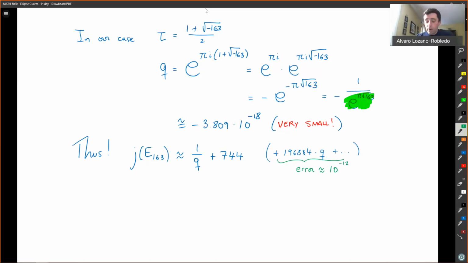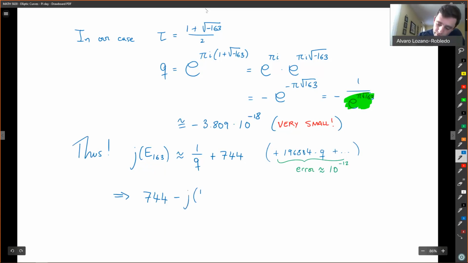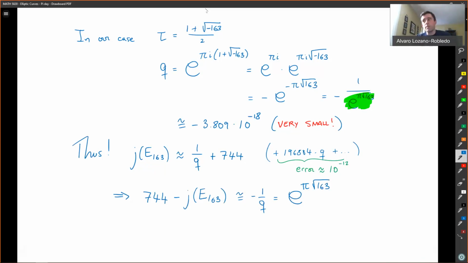But with that error, I can then say that 744 minus my j-invariant, which I know started with 2, 6, and a lot of digits, is approximately minus 1 over q, which is the number we were after: e to the pi times the square root of 163.